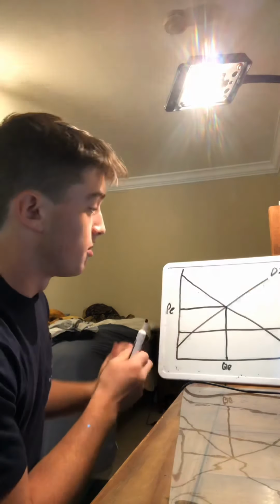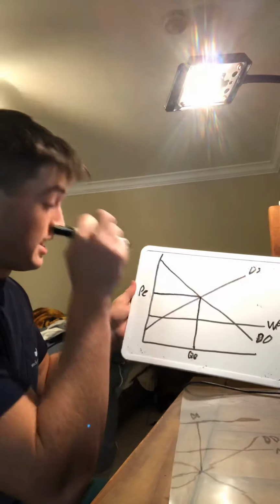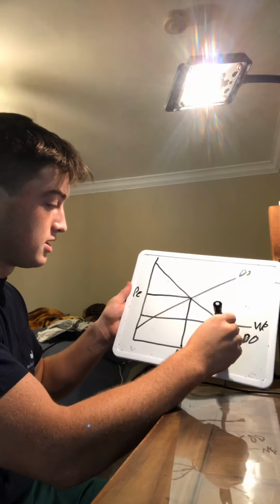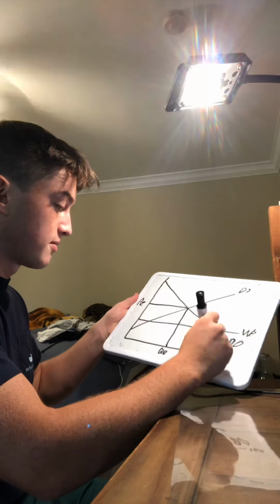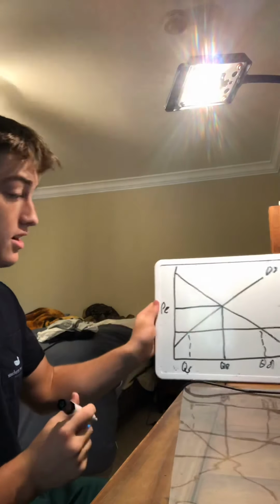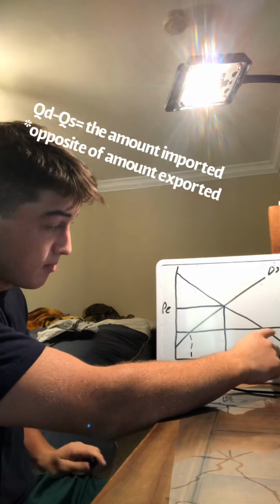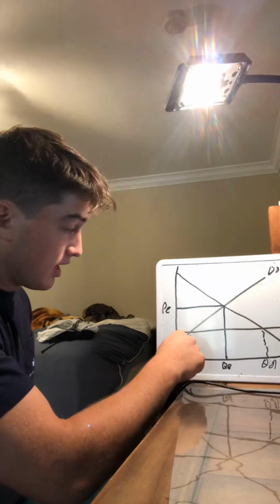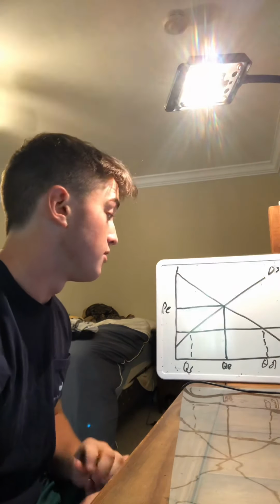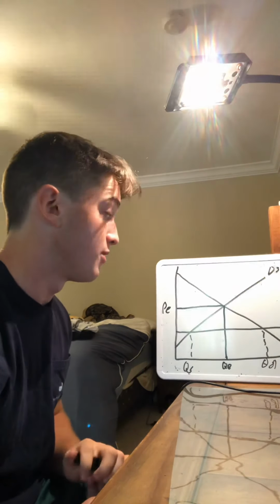So what happens when we allow imports? As you can see, the quantity demanded is here, quantity supplied is here, and the quantity demanded can be met by the new world price. But the quantity supplied with the new world price just can't go as high as it needs to for equilibrium to be met in the domestic market.